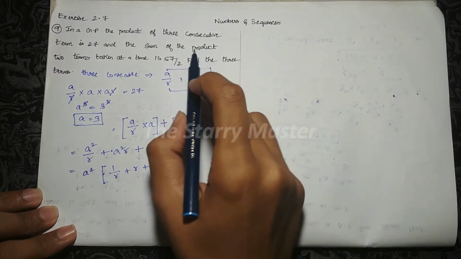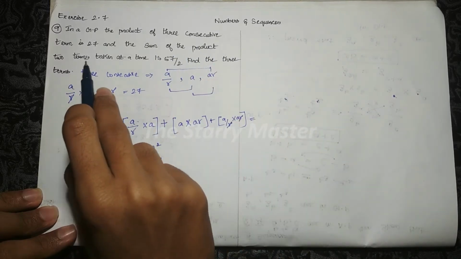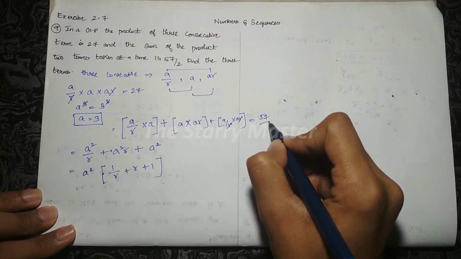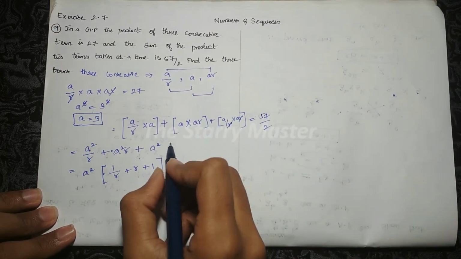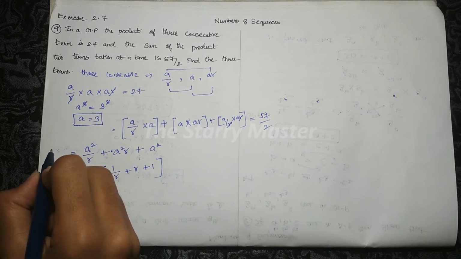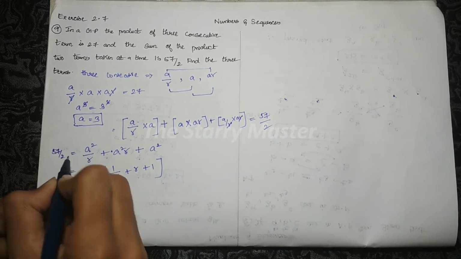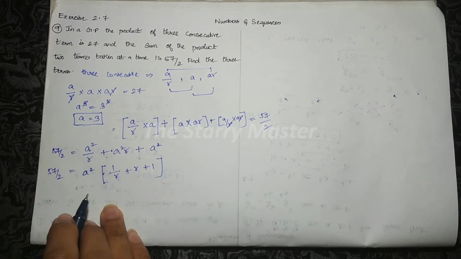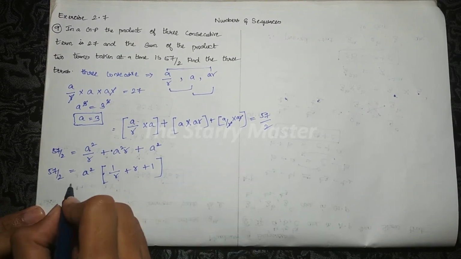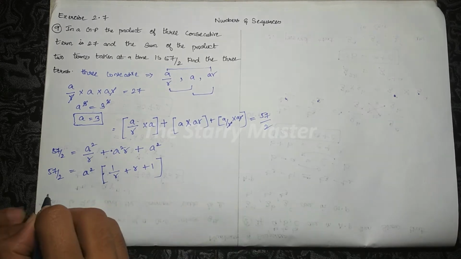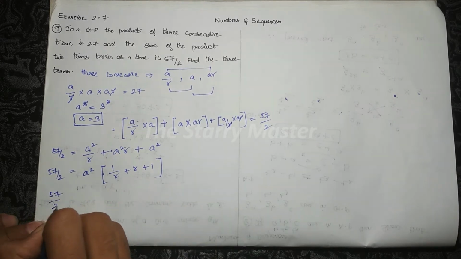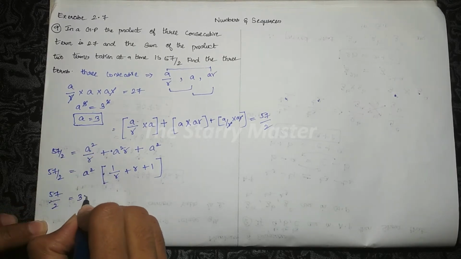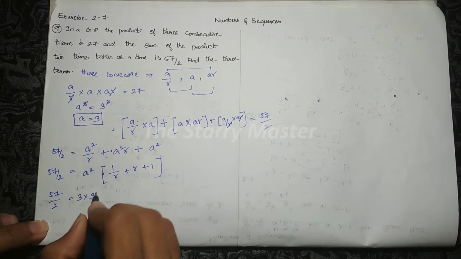It is given that the sum of the products of two terms taken at a time is 57. So 57 equals a square times the bracket, and a square is 3 into 3, which is 9.